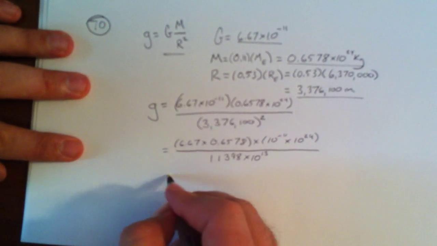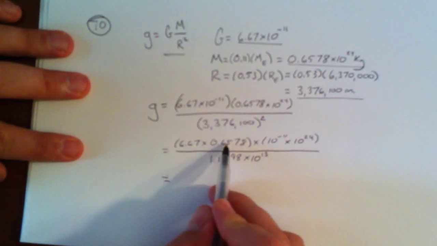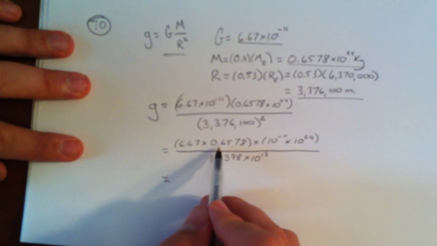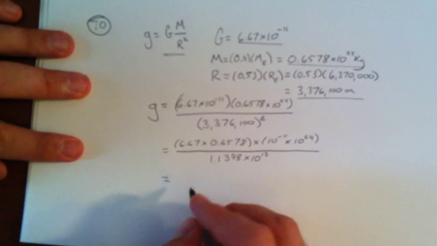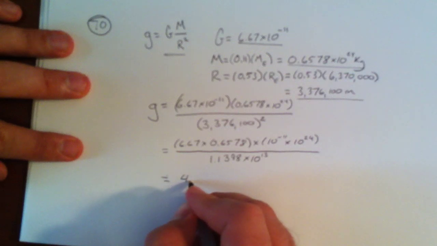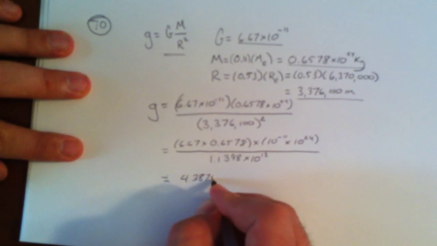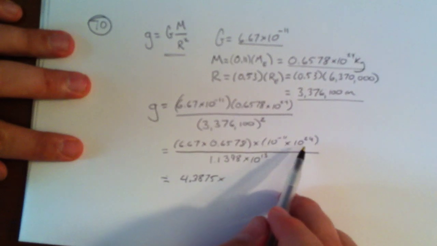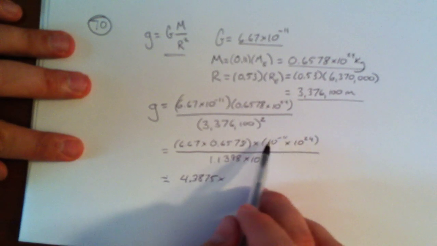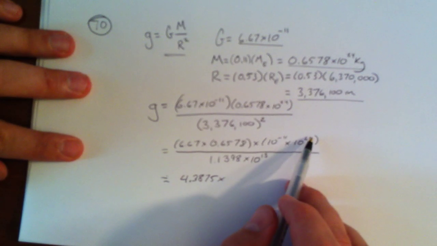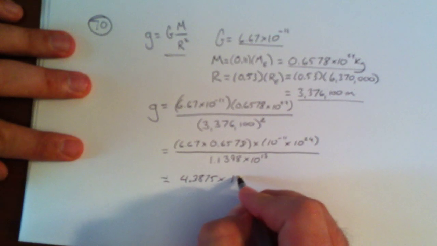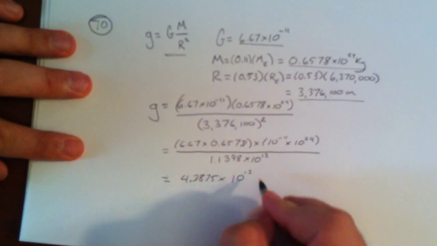Now let's multiply these two terms here. 6.67 times 0.6578 gives us 4.3875. And remember that when we multiply exponents, we add the exponents. Go ahead and watch the previous video if you don't know how to do that. So you get times 10 to the 13th.